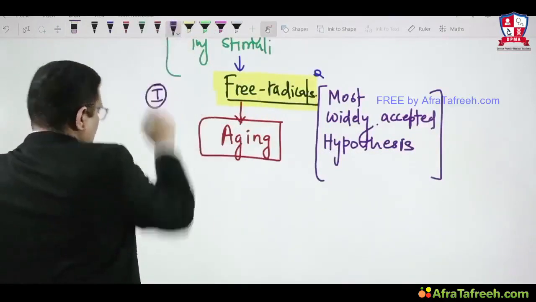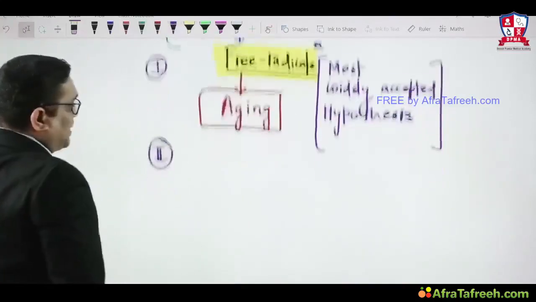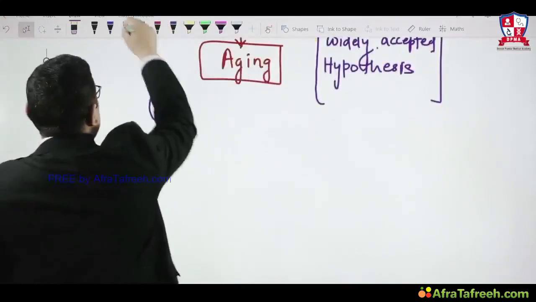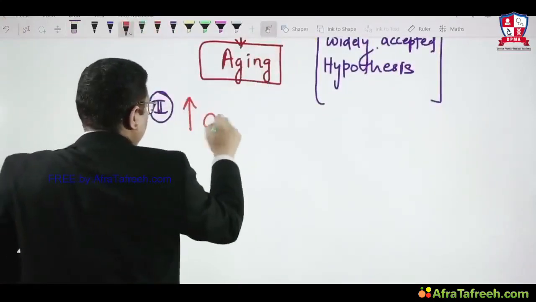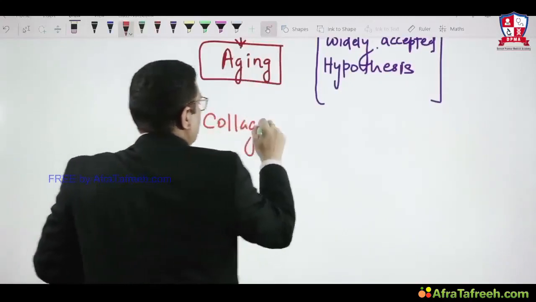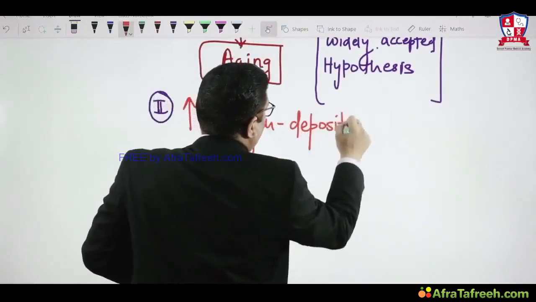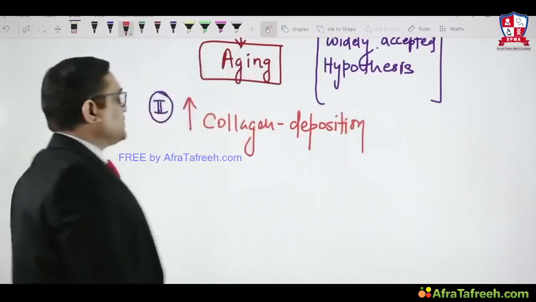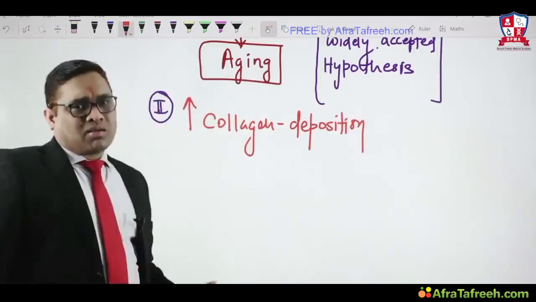This is number one. What are the other hypotheses used for aging explanation? Another hypothesis for aging is increased collagen deposition, or increased cross-linking of the collagen.